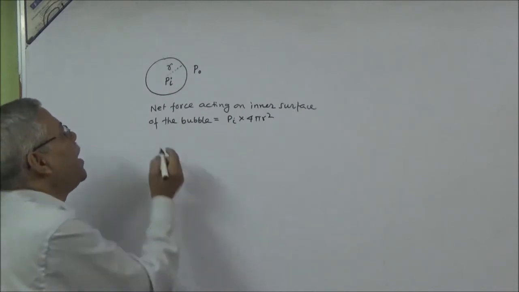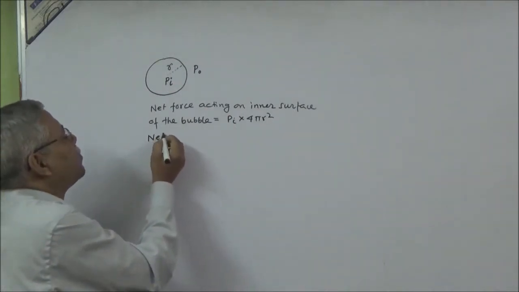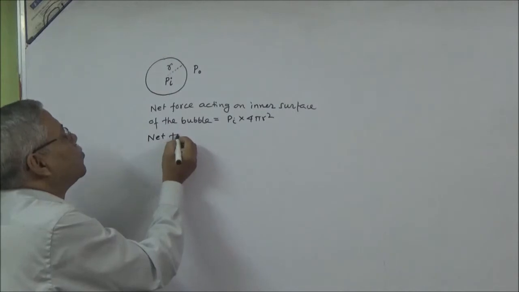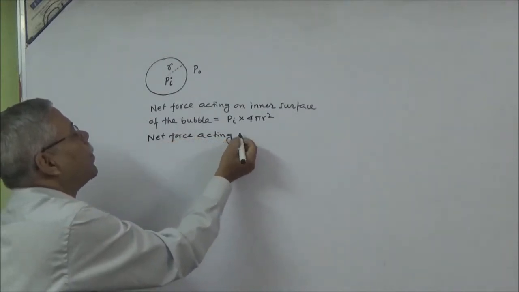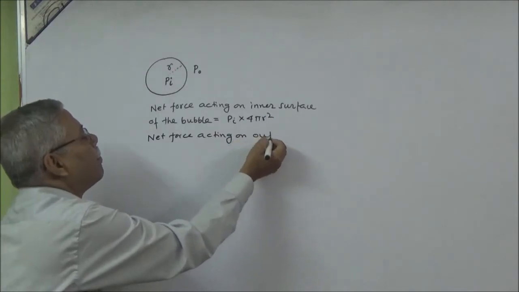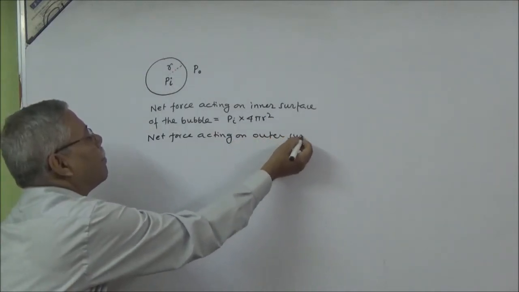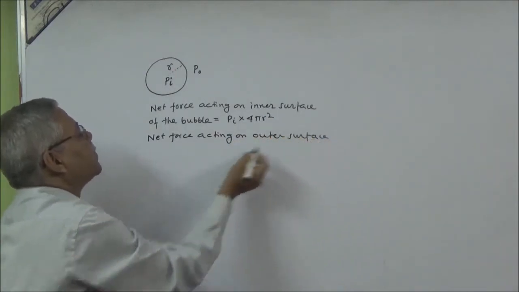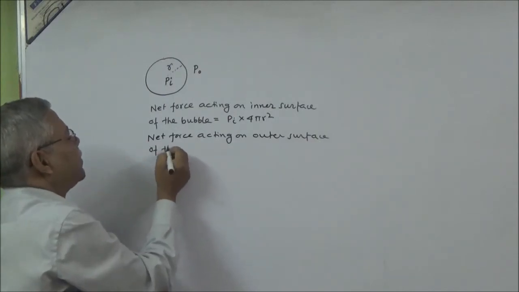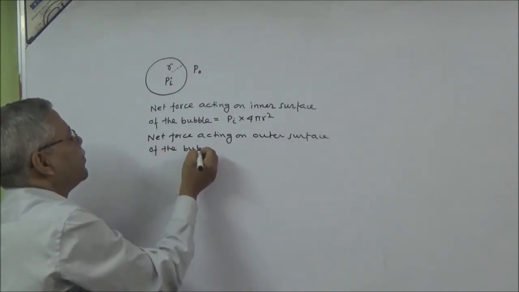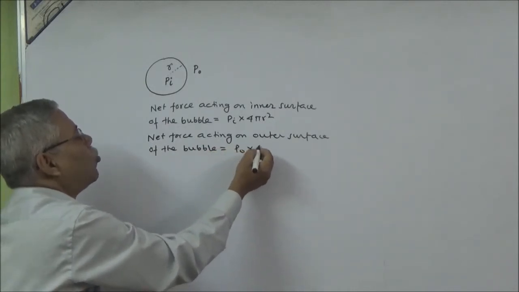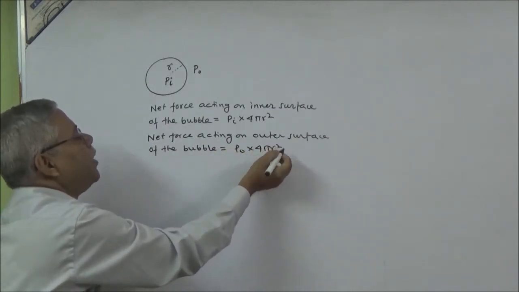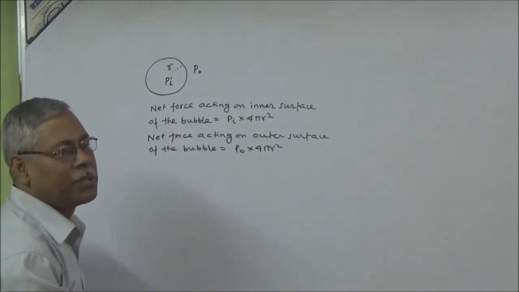Okay? Net force acting on the outer surface of the bubble equal to Po into 4 pi r square.